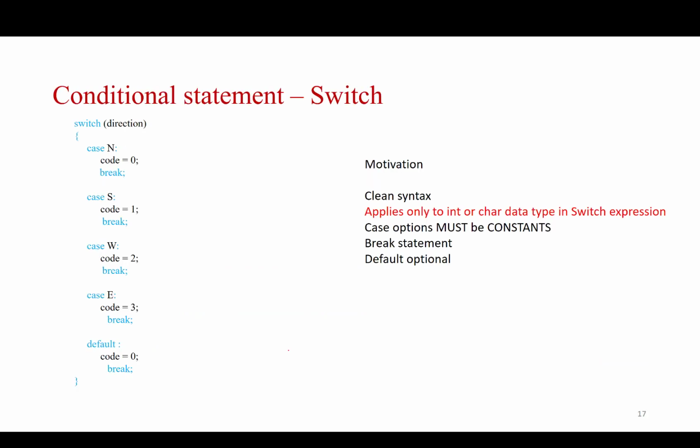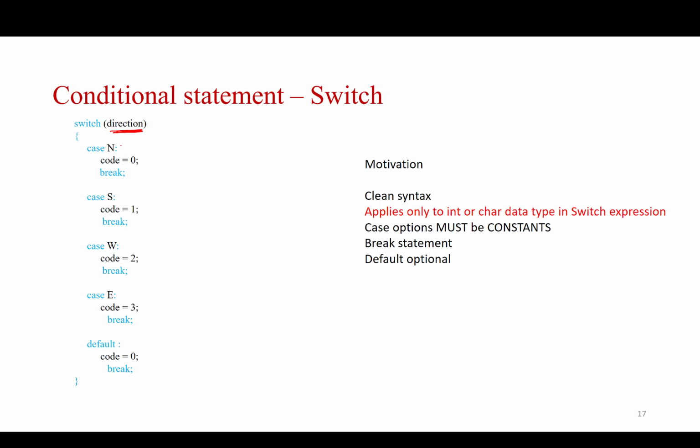So here's an example. If you remember, we did the same example with if, and here we have switch direction. So I have the main variable I'm working with. I'm just writing it only one time, okay? And then case n, which is n for north, right? But actually we can't write north here. Why?